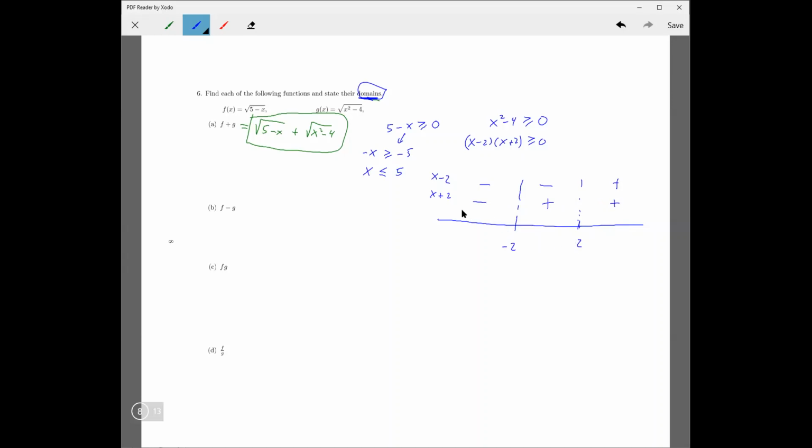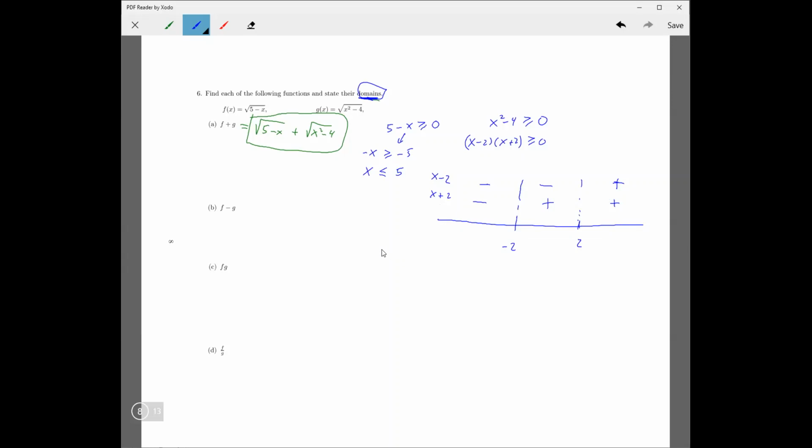So for every value of x less than -2, this expression here is going to be negative. But if you're greater than -2, it's going to be positive. And this expression here changes sign right here. It's negative there, and negative here and here, but then past 2, it's positive.